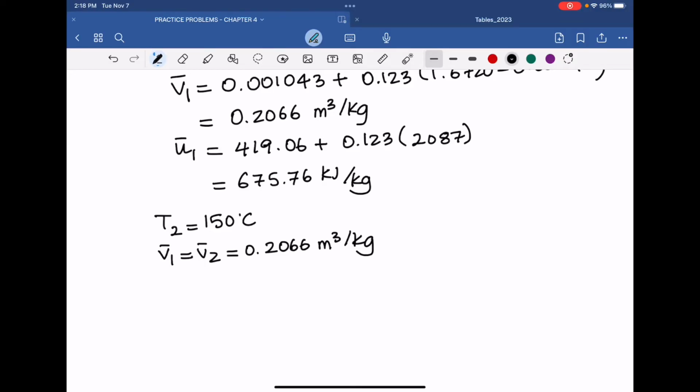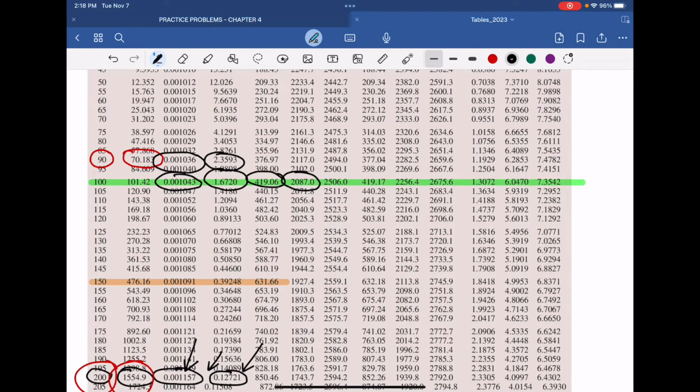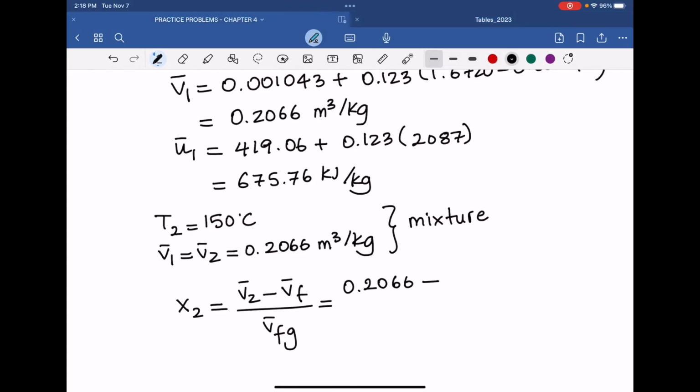So that means you have a mixture, and if you have a mixture, now the first thing to remember is that we need to find the quality. And we can do it using specific volume. Vf is 0.001091.